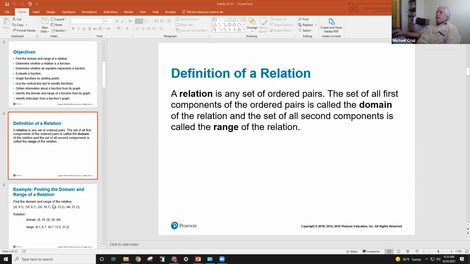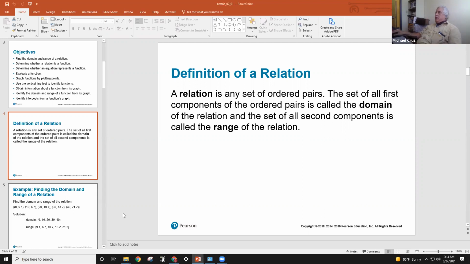So the idea of a relation is just an equation that can generate a set of ordered pairs, and it identifies some kind of relationship.